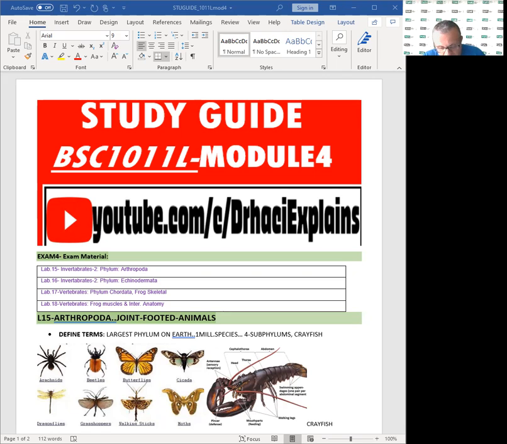Make sure that you can identify these under the subphyla, and also make sure you know the subphylum names, clade names, phylum name, and some other features of these specific species.